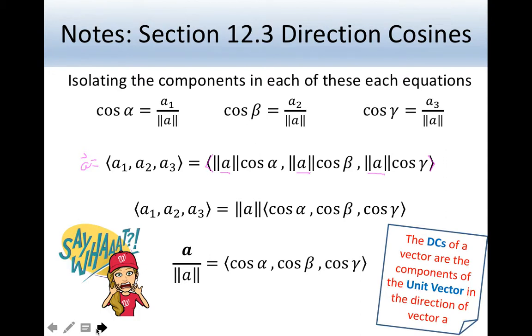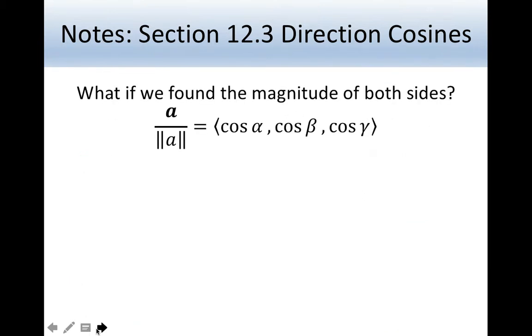The direction cosines of a vector are the components of the unit vector in the direction of that vector. What? Sometimes math is just cool. Actually, all the time it's cool. Except for, high school geometry is pretty bad.